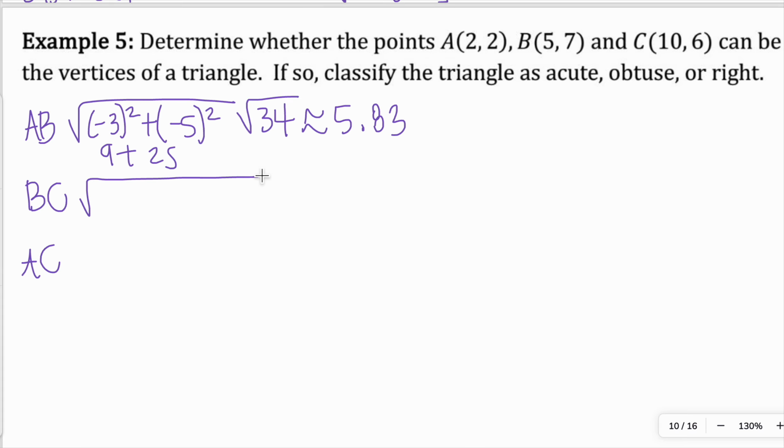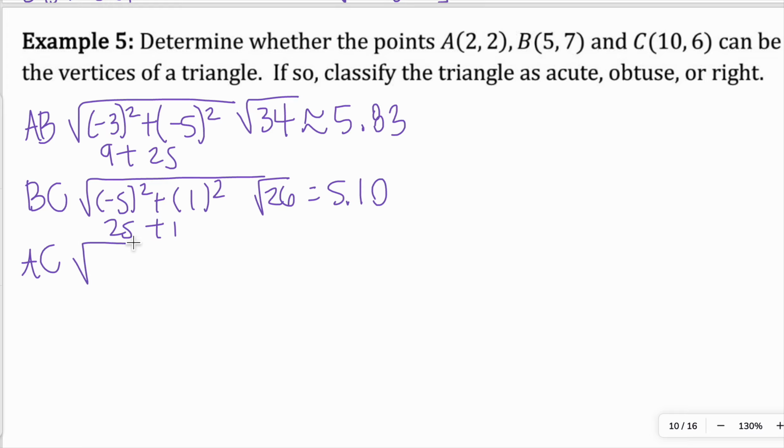BC, B to C, 5 minus 10 is negative 5 squared. And then 7 minus 6 is 1 squared. So that's 25 plus 1. So square root 26, which is about 5.10. And then A to C, 2 minus 10 is negative 8 squared. And then 2 minus 6 is negative 4 squared.